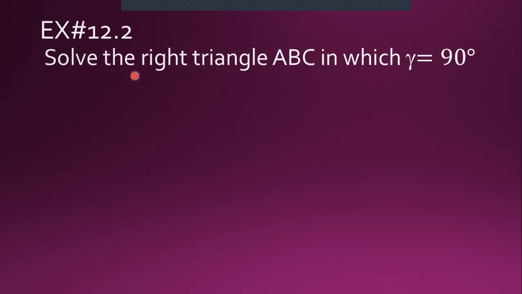So if we want to solve the right angle triangle, then we can draw a right angle triangle, and we will take C equal to 90 degrees. At C we will make the right angle. Now let us see what information is given. Alpha is equal to 37 degrees 20 minutes.